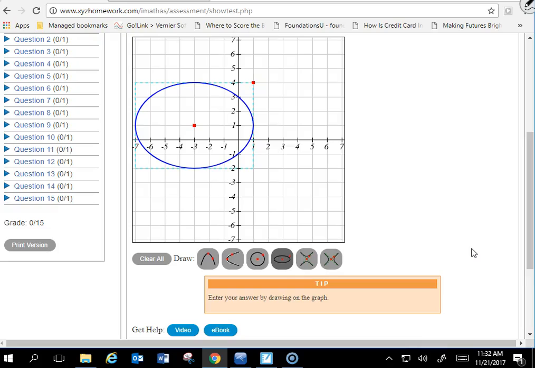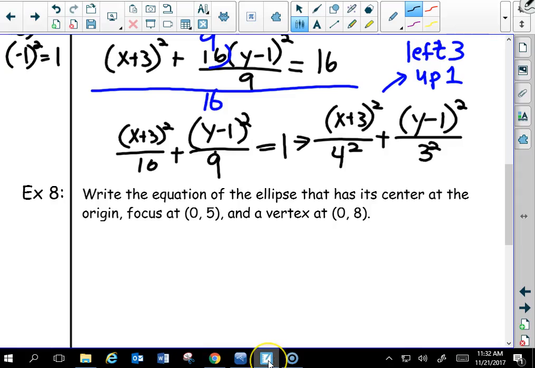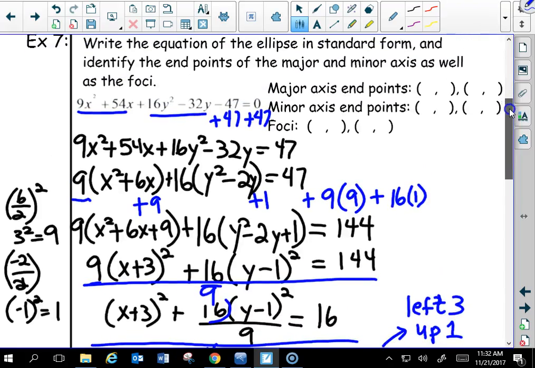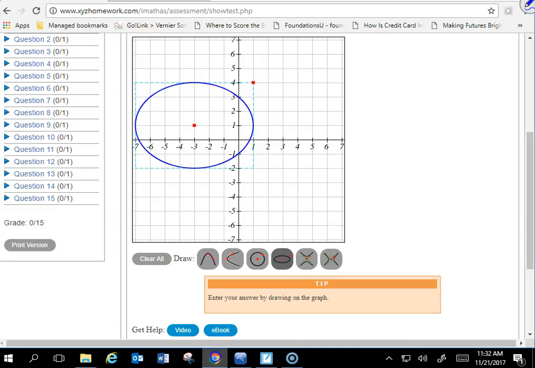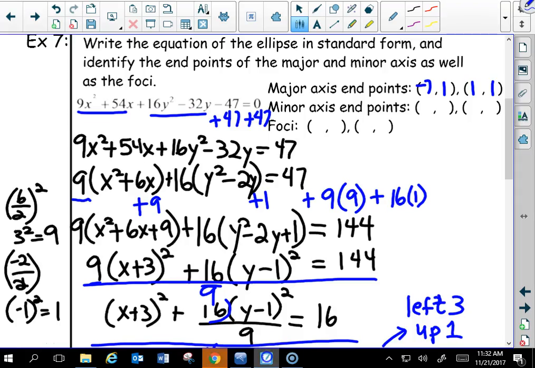It looks like the major axis points are -7, 1, and 1, 1. Minor axis, it looks like it's these 2 points, at -3, 4 and -3, -2.